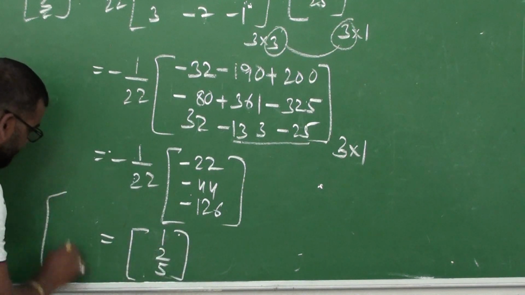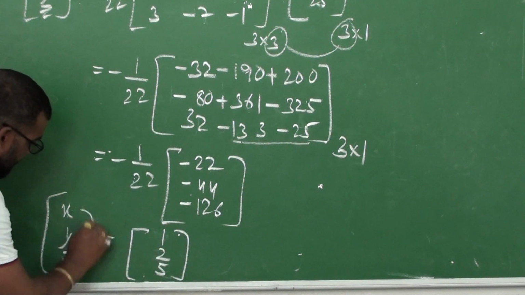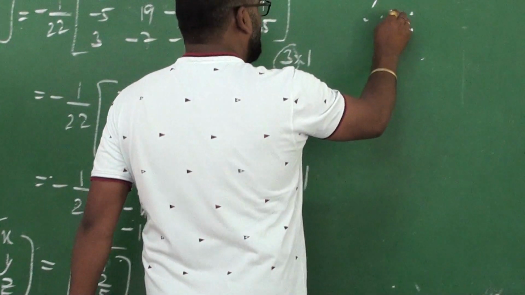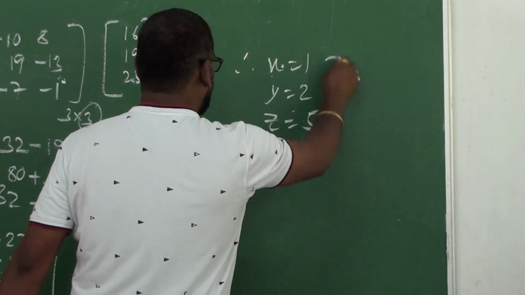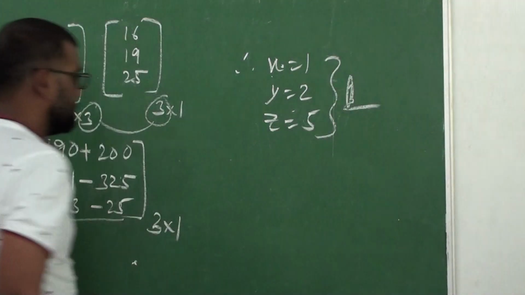So this is the value of x, y and z. So you'll write therefore x is equal to 1, y is equal to 2 and z is equal to 5. That's my solution.